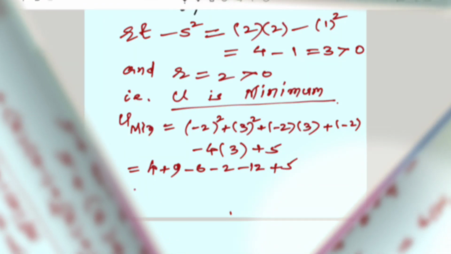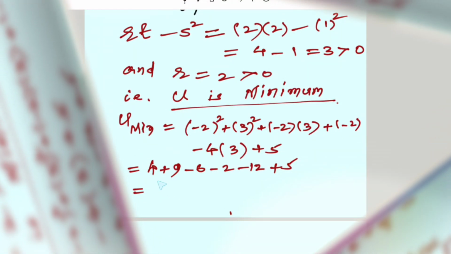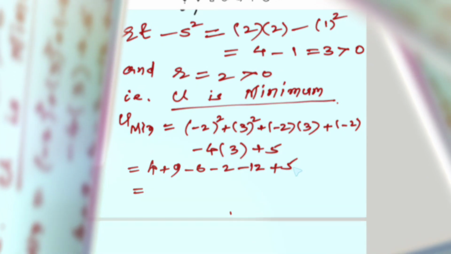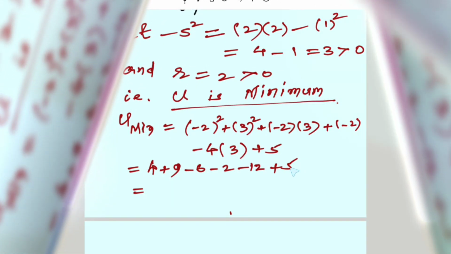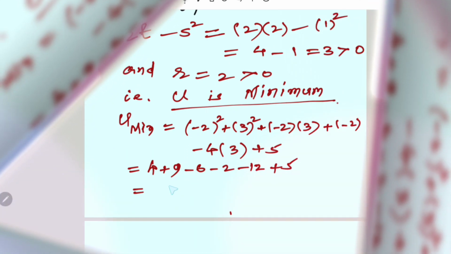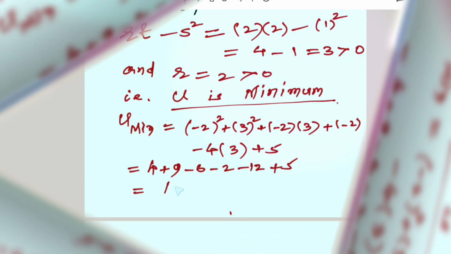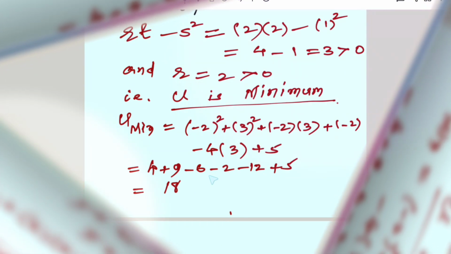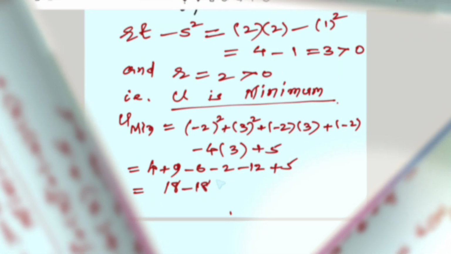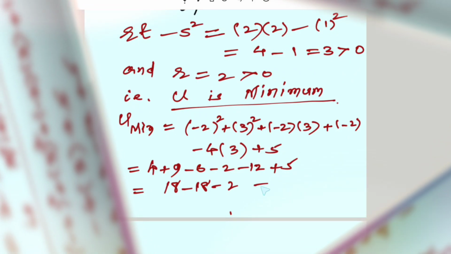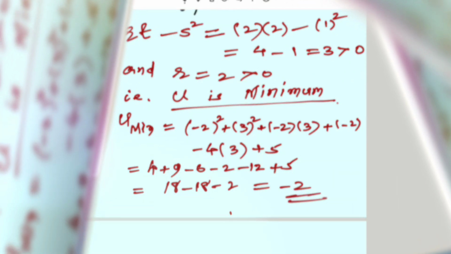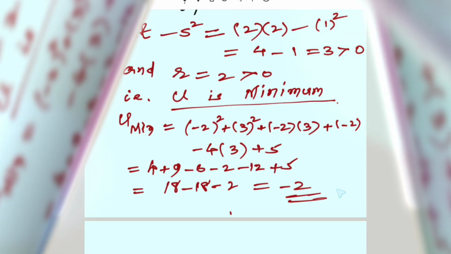Therefore, we get 9 plus 4 is 13, 13 plus 5 is 18, minus 12 minus 6 minus 2 is −20, and therefore the sum of all these terms is −2. This is the minimum value.